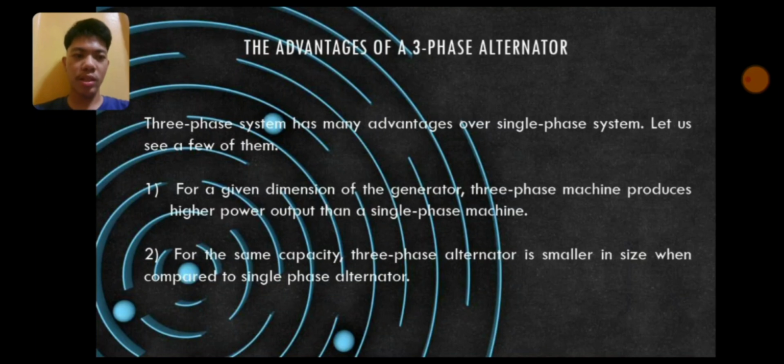And number 2, for the same capacity, 3-phase alternators are smaller in size when compared to a single-phase alternator. So, in short, the 3-phase alternator is smaller but produces more power.